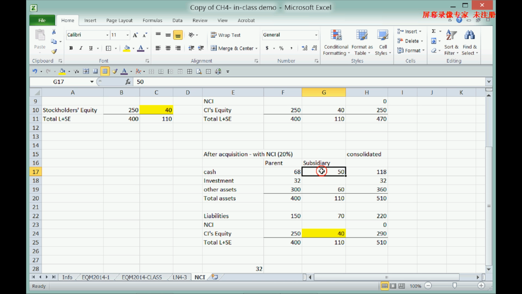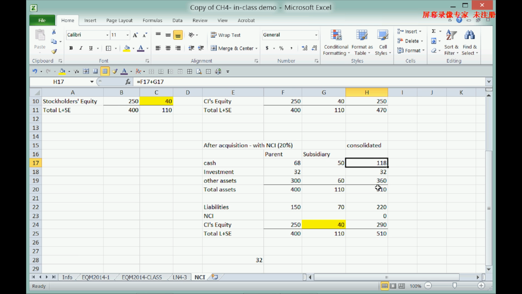So when we consolidate, we add them up 100%. So 68 plus 50 is 118, and so on. When we add them up, we see that total assets equal liabilities plus stockholders' equity.